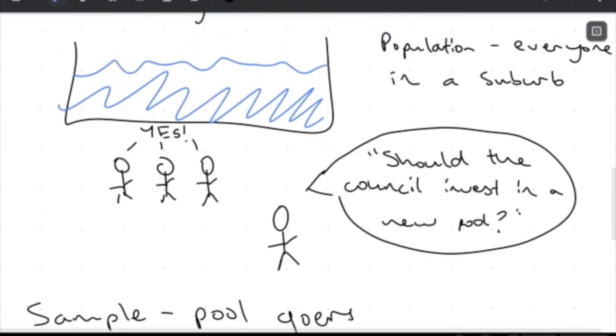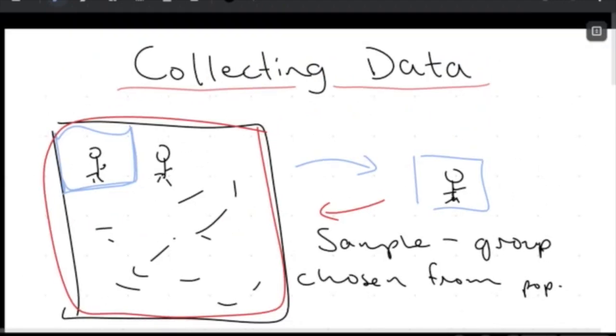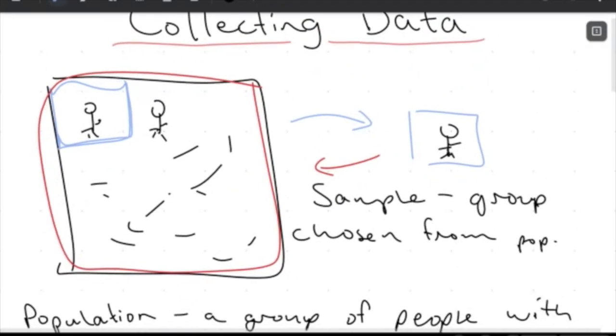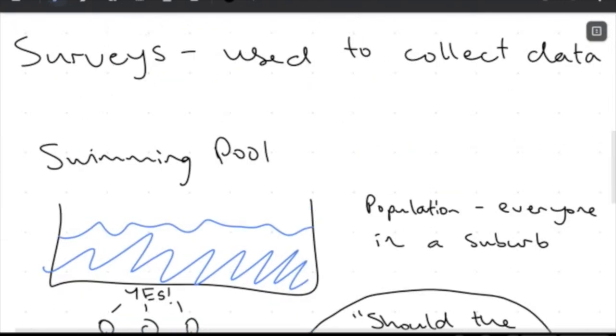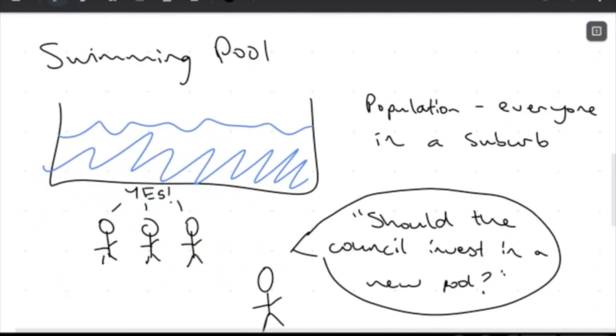Now, if the only people you're asking in your little sample, your little snapshot of the population, are people that regularly go to the swimming pool, this is a type of biased data, and we are getting our data from a place that's not evenly balanced.